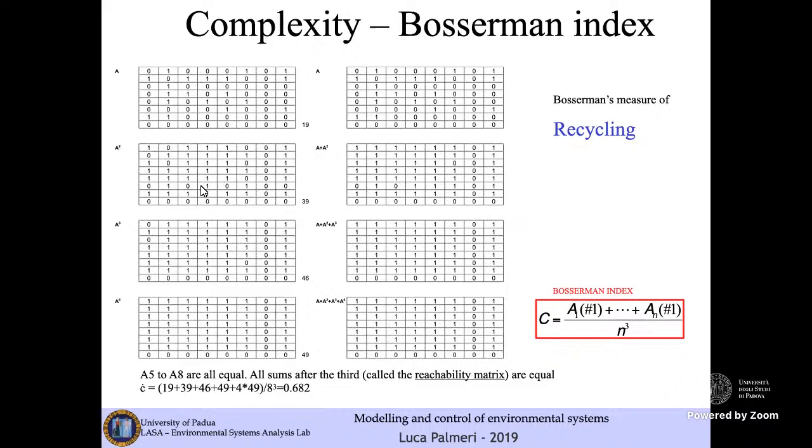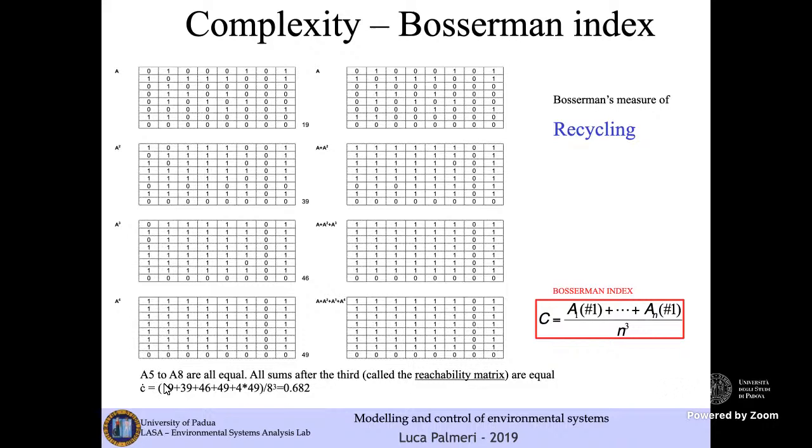Then, of course, you can go ahead and make the cube of the adjacency matrix. So here you're counting if there is at least one pathway of length 3 between the compartments. You have a 1 if there is at least one. You have 0 if there is no connection. Again, you count the ones. You go on by making the powers.